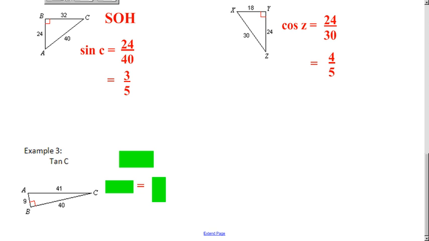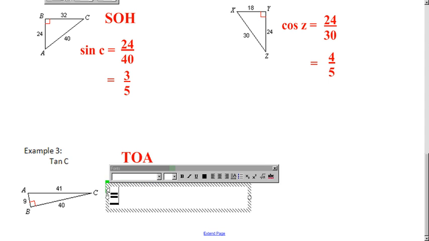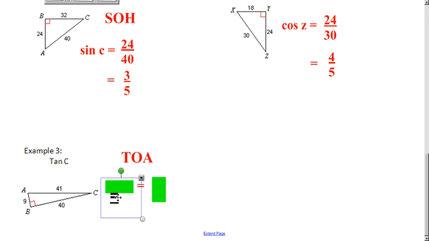And lastly, the tangent of C. This is how tangent would work. Tangent is TOA. So tangent, O representing opposite, A representing adjacent. So I'd start out with the tan of C, basically the tangent of angle C. So I'd start in this corner of our triangle.